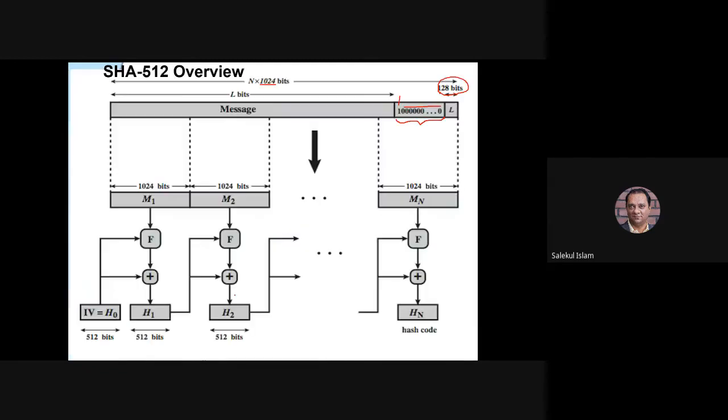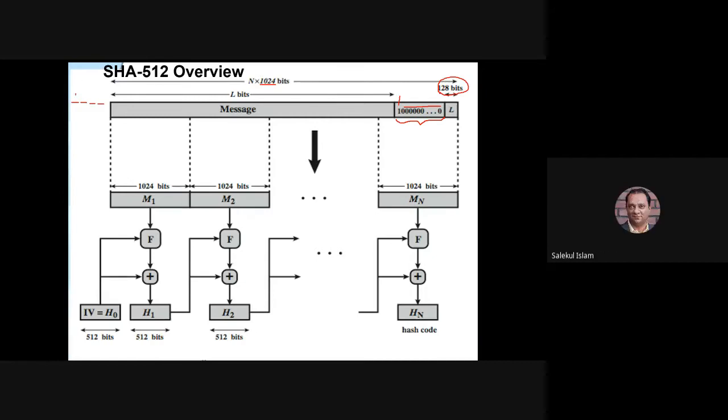Here we have said that I am giving you 128 bits to write the length. Say, for example, if I give you only 4 bits to write the length, then you have just 4 places. In 4 bits, what is the maximum value you can write?